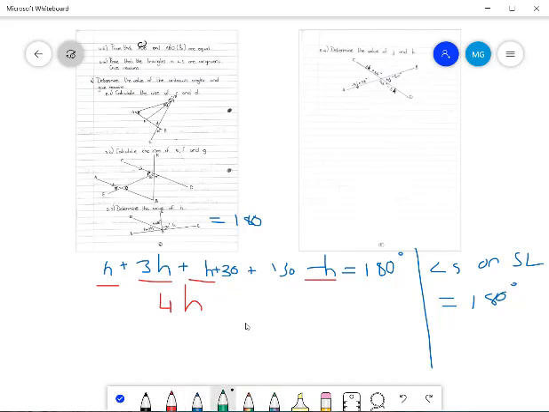And I can also say 30 plus 130, that gives me 160. I can't simplify it anymore, so I'm going to start taking it over. If I take over the 160, it becomes a minus.